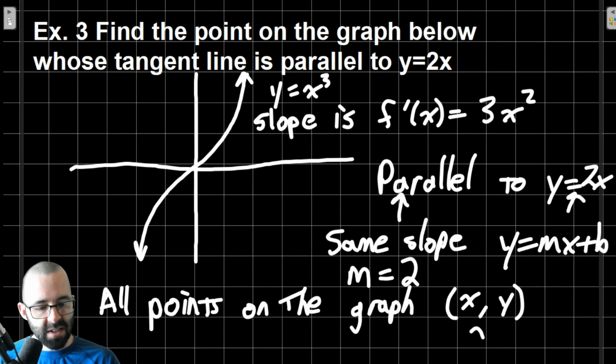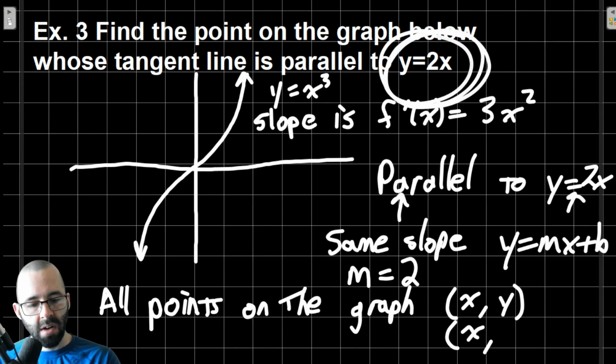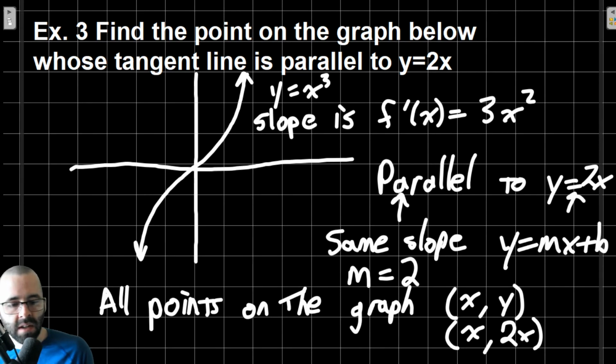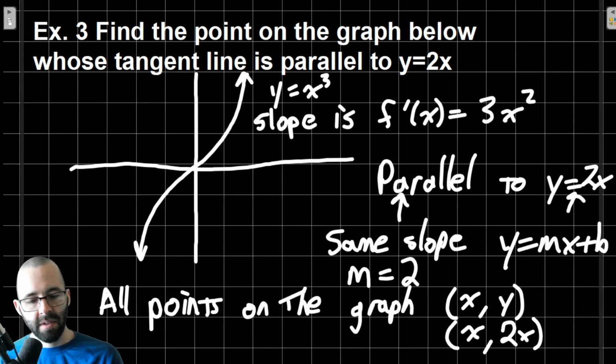Right? And specifically, we know what y is too, right? y is equal to 2x. This is kind of an optional step to comment on this. Okay? So we need to find the points on the graph that have a slope of 2.